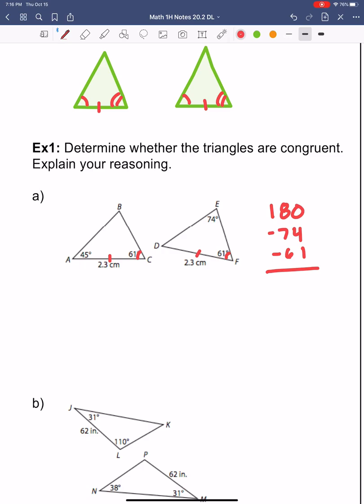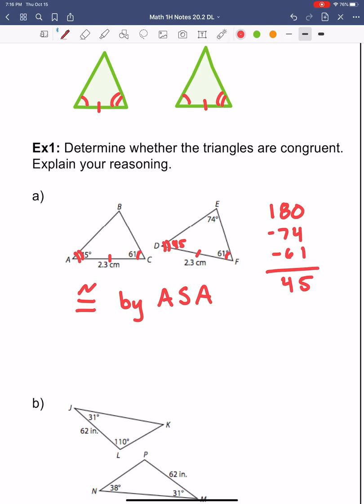Because I know that all three of these together equal 180, and in fact that does give me 45 degrees. And so this angle is 45, and so then I know that angle D is congruent to angle A, and now I can say that these are congruent by angle, side, angle. So these are congruent by ASA.